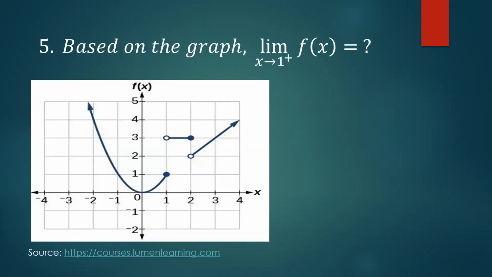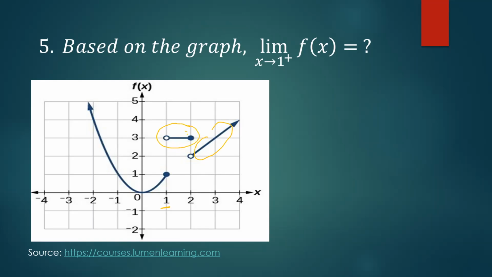Based on the graph, what is the limit of f of x as x approaches 1 from the right? Okay, fast forwarding our timer. I suppose this one will be very easy. So 1, nasa right side tayo ng 1. So gusto natin malapit, no? This one is a bit far pa. So we want to consider this behavior of our graph, okay?